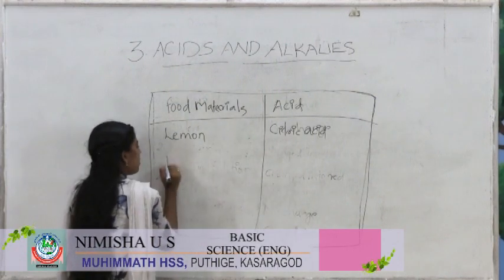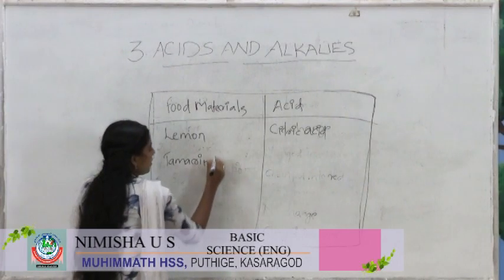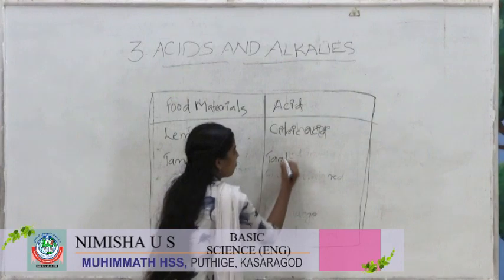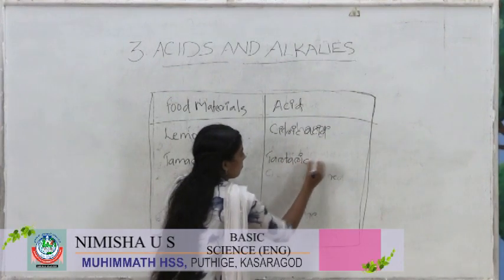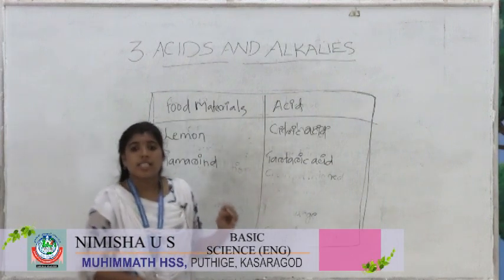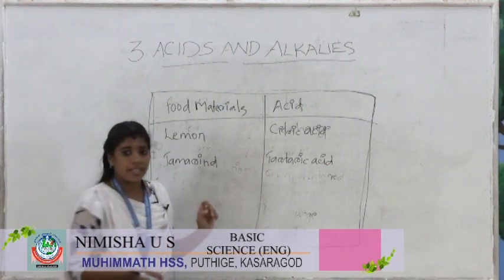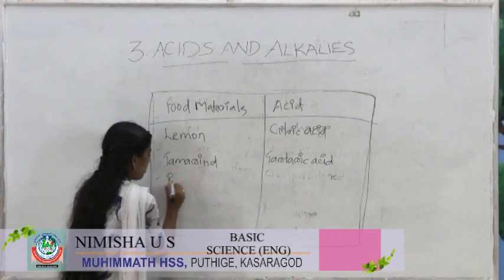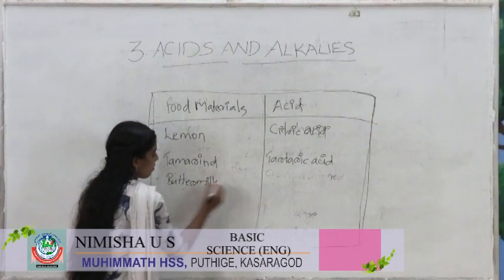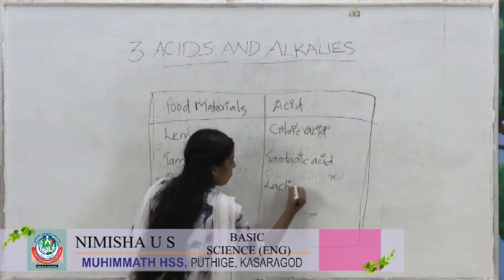Next one, the tamarind. Tartaric acid. Tartaric acid is the acid present in tamarind. Next one is the buttermilk. Buttermilk: lactic acid.